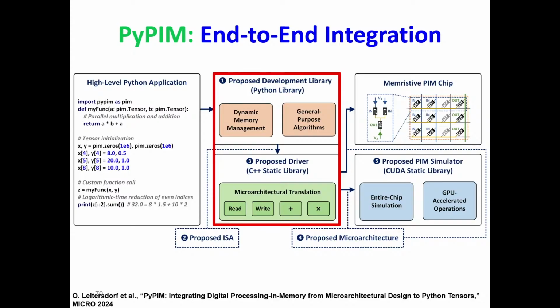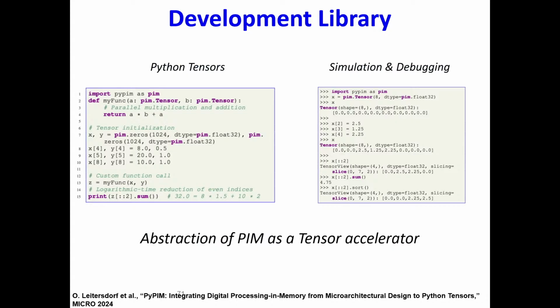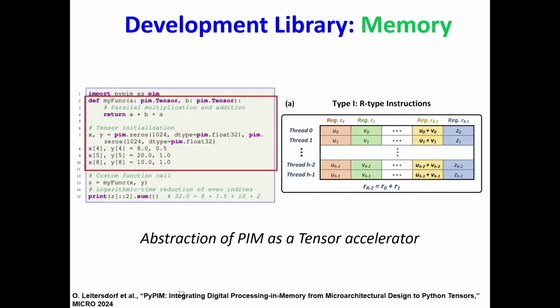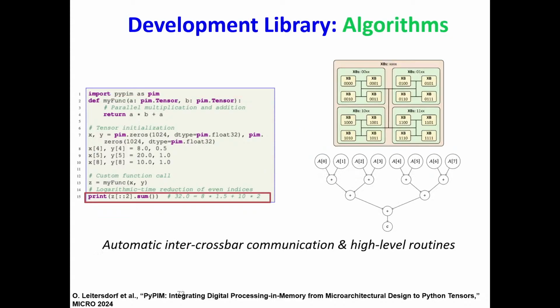And for the development library and the driver, the idea is to use this mMPU as a tensor accelerator, basically. That's the view from the programmer point of view. And the programmer can write the operations that he wants to do, and then it is translated to the R-type instructions. And also there is support for inter-crossbar communication.